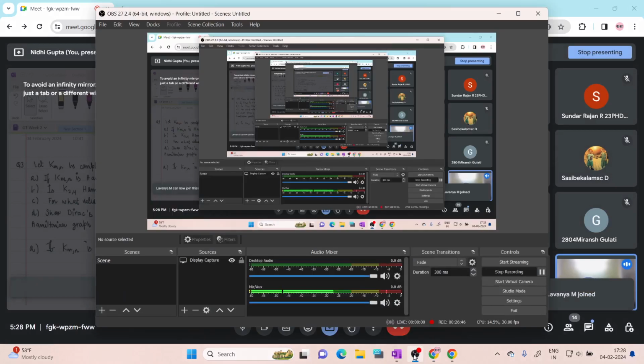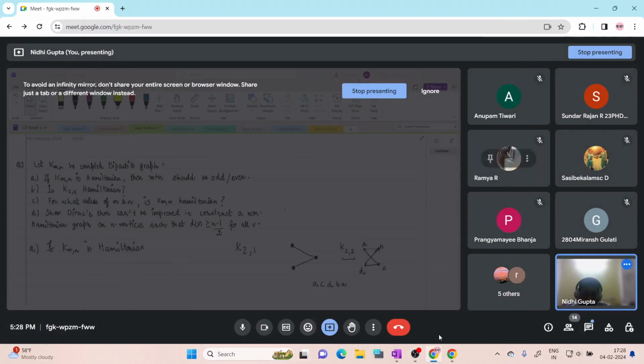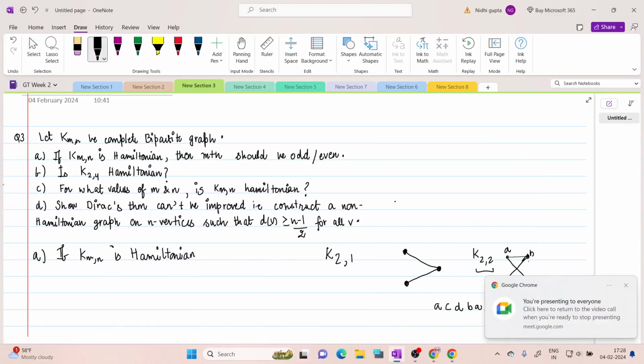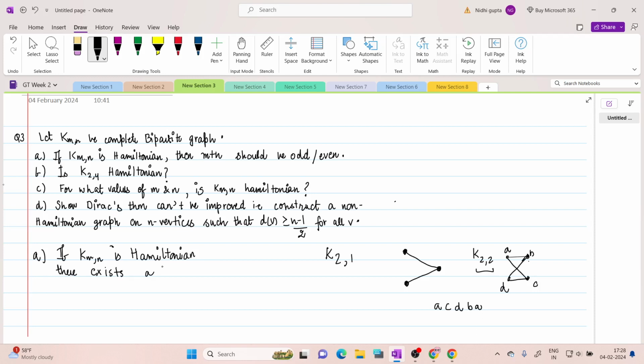So first of all, K_{M,N} is a bipartite graph, and if K_{M,N} is Hamiltonian, that means there exists a Hamiltonian cycle, a cycle which is covering all the vertices of this graph.